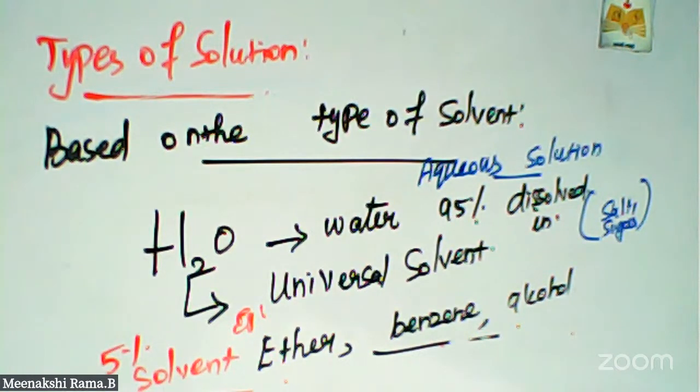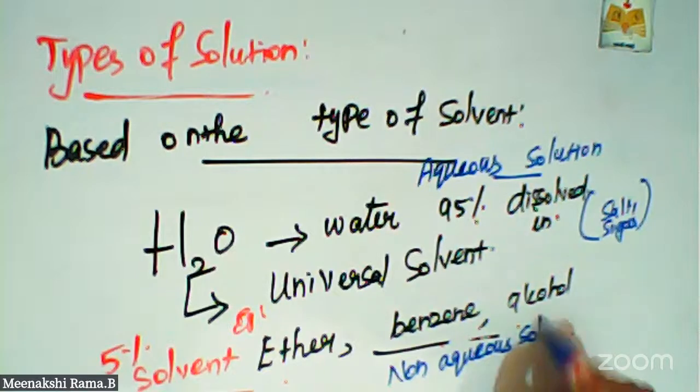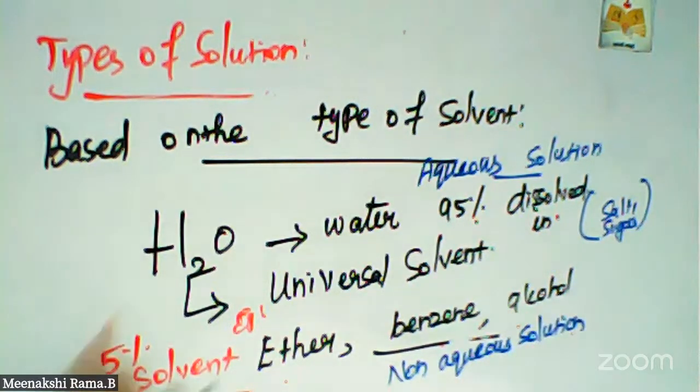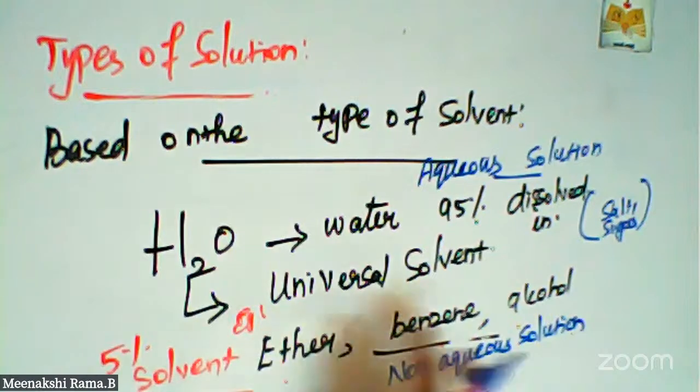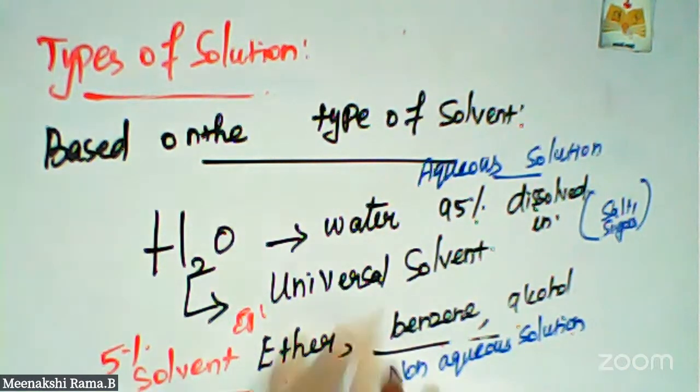Non-aqueous solution means some of the 5% of material is dissolved in ether, benzene, and alcohol. These kinds of solution are called non-aqueous. It is not dissolved in water.